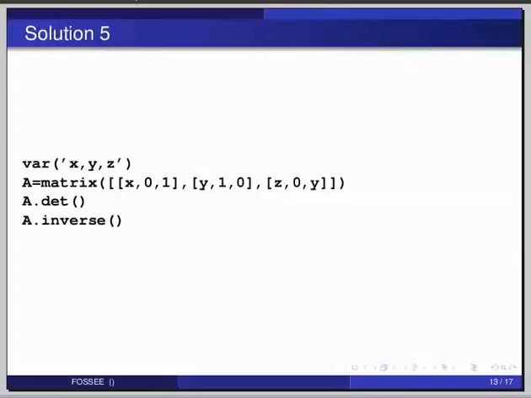Here, type var('x, y, z'), then A = matrix([[x, 0, 1], [y, 1, 0], [z, 0, y]]), and third line you have to type A.det(), and next one you have to type A.inverse().